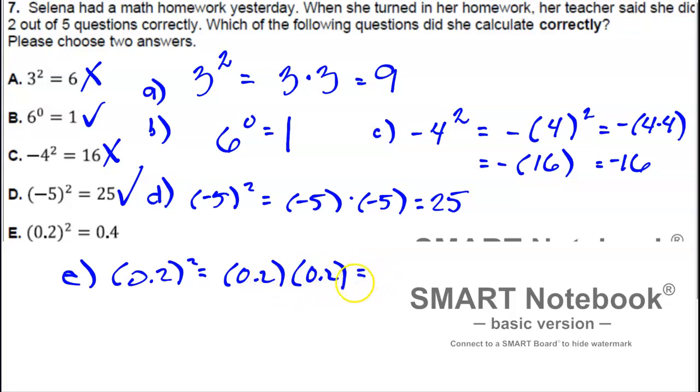Here's the shortcut. You can just multiply the numbers 2 times 2, which is 4, and then you count the total places the decimal moves. So here's 1, here's 2, so you would move it twice, and you get 0.04, making this incorrect.